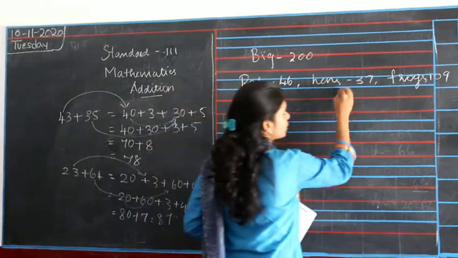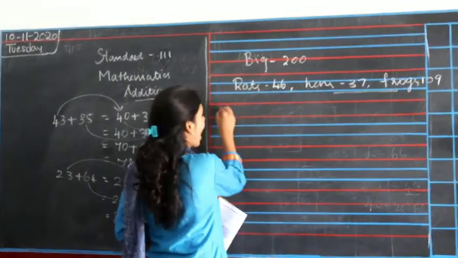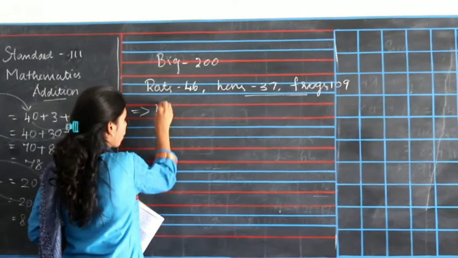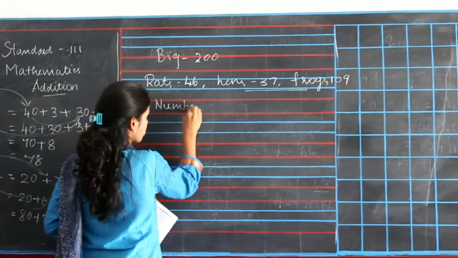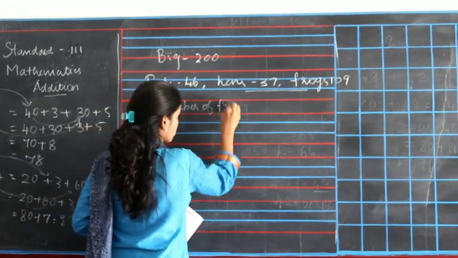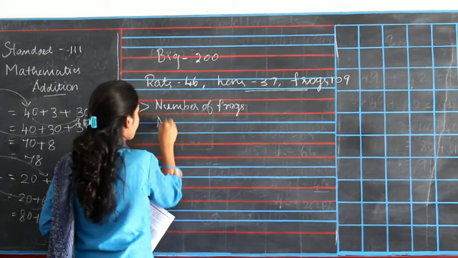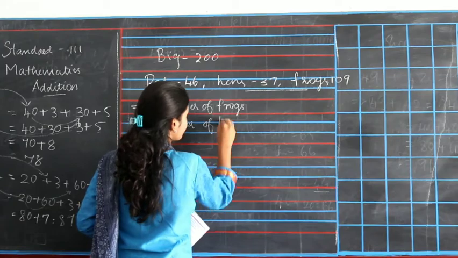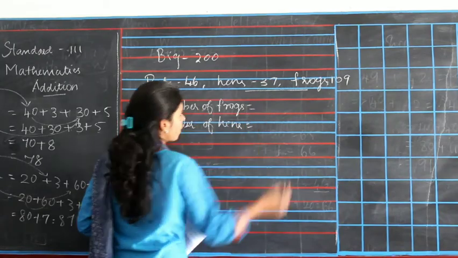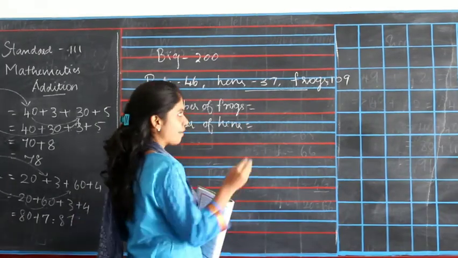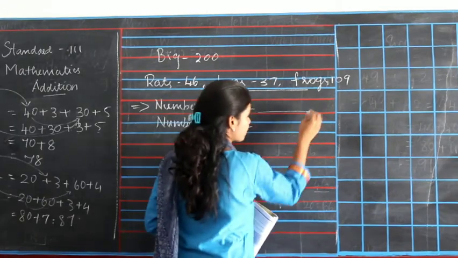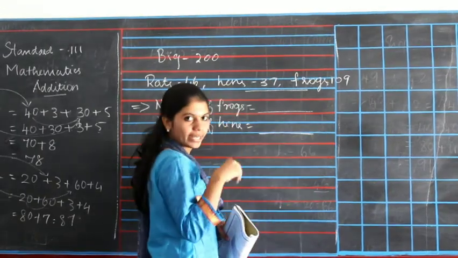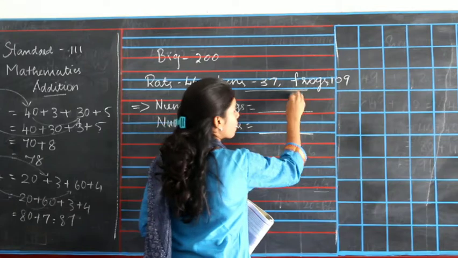Let's start with this. We'll add the number of frogs and the number of hens. While adding, we have to write them in place value with a vertical arrangement.